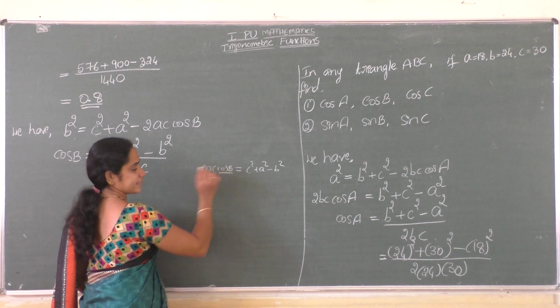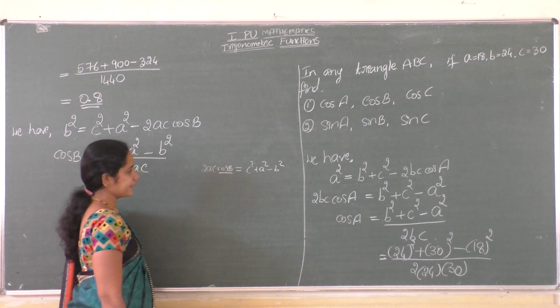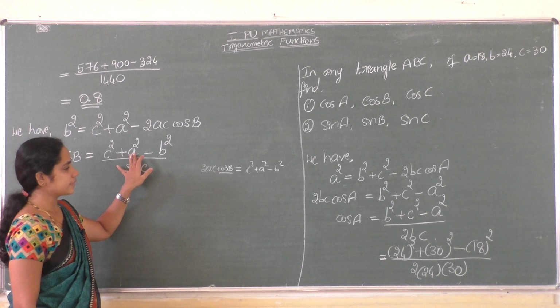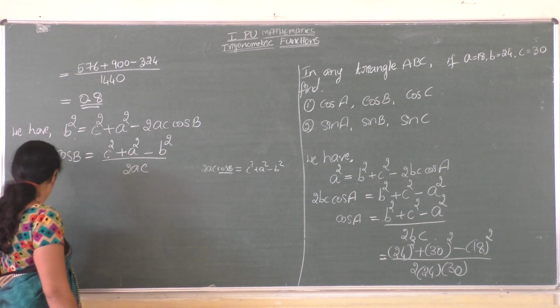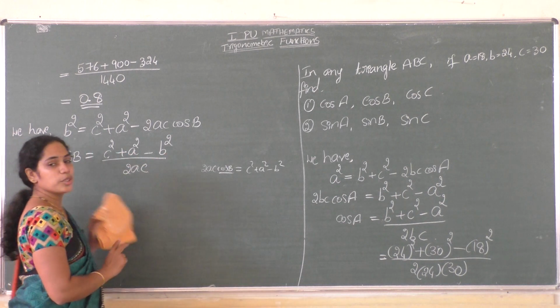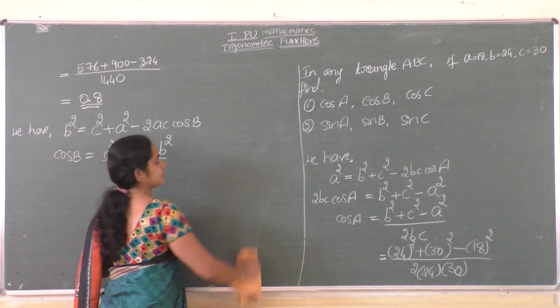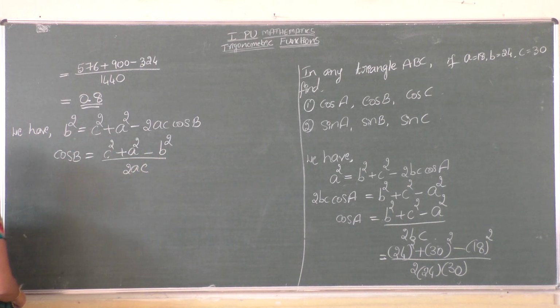We need cos B, that is c square plus a square minus b square divided by 2ac.